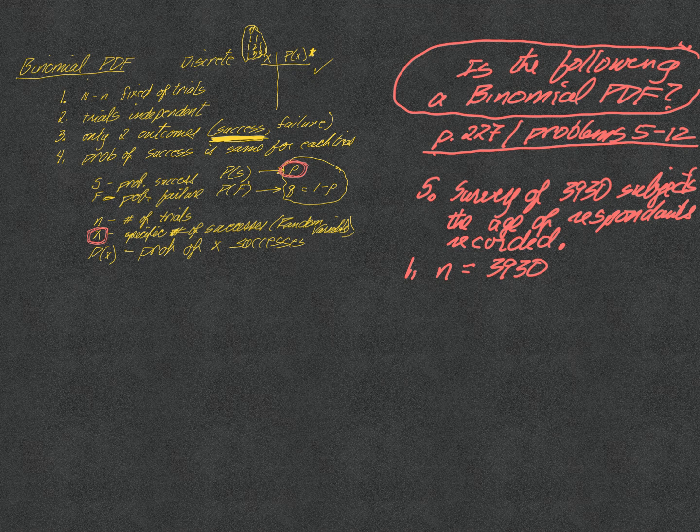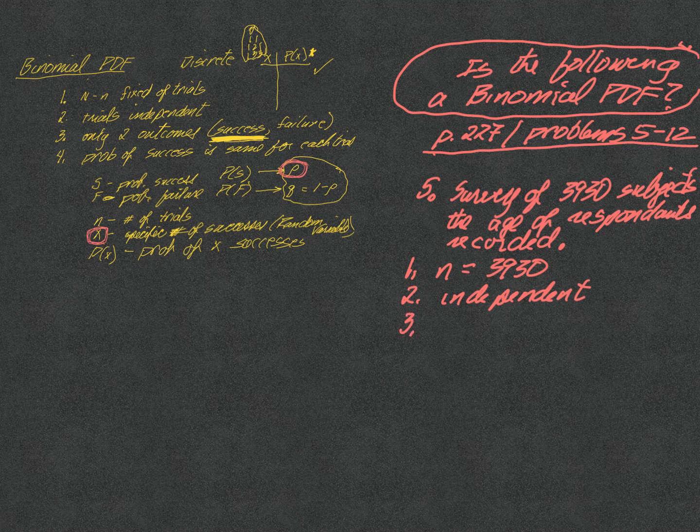What one person says their age is differs from the other. So we have the number of trials. Number 2, we know these are independent because whatever your age is is not going to affect what my age is. So we're pretty good there.